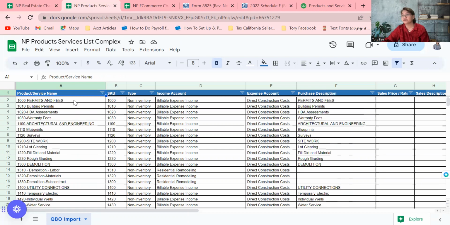And of course, you'll also have permits and fees, building permits, most especially if it's new construction or renovation.